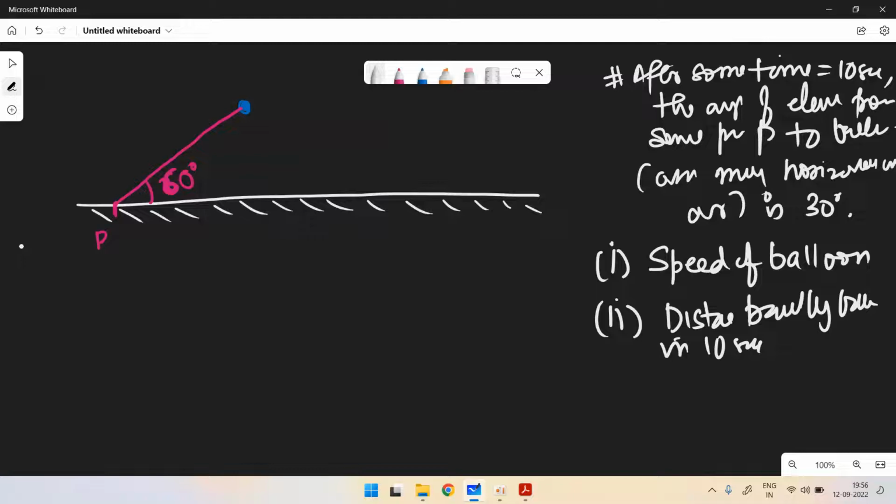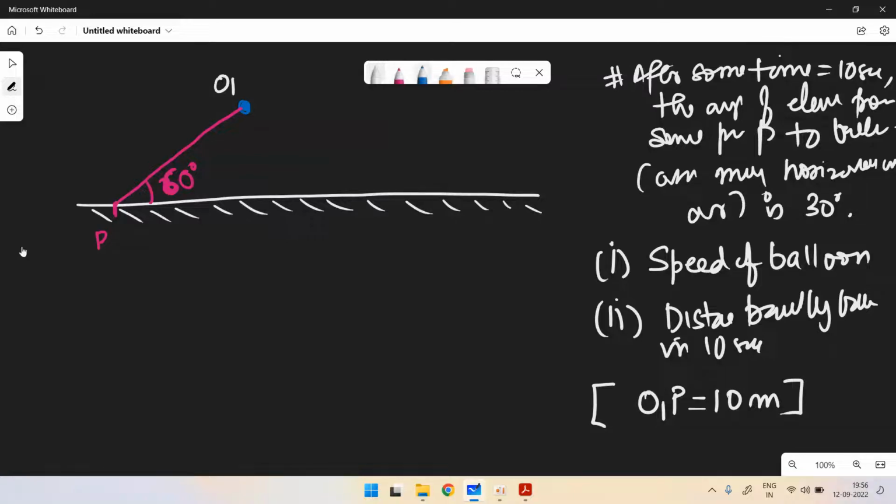Let's suppose this is my point O1, and O1P is given to me as 10 meters. Since first it was 60 degrees, and next it moved such that this became 30 degrees, the angle is decreasing, which implies the distance will be increasing.